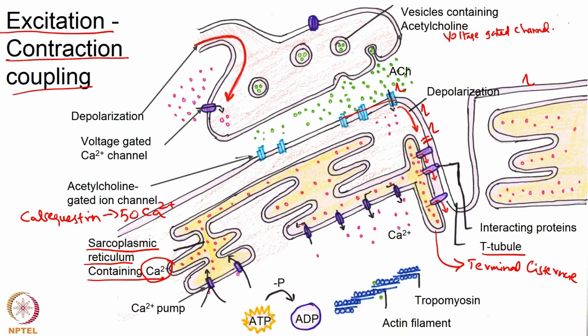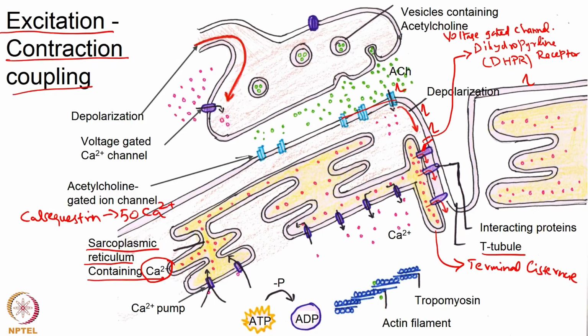It is called, I am going to write its name there, the dihydropyridine receptor, or DHPR. An action potential arrives, they open, but they also open the channels that guard the calcium in the sarcoplasmic reticulum.